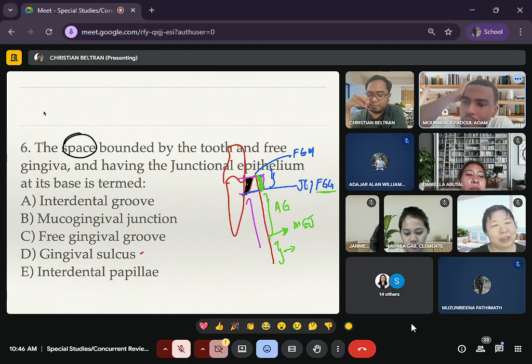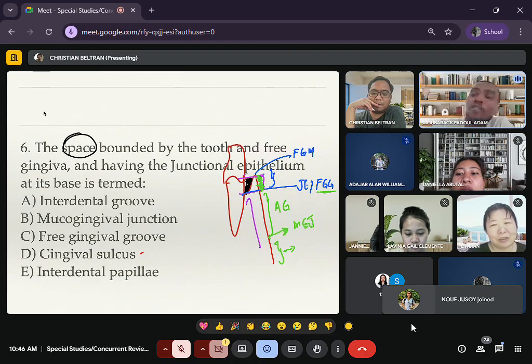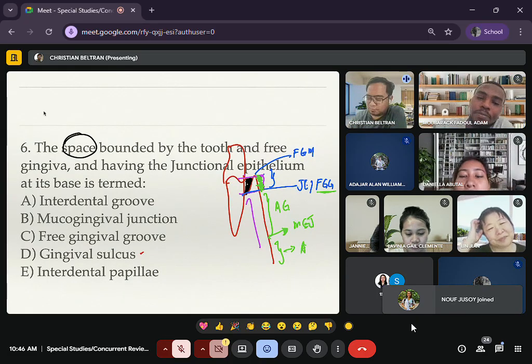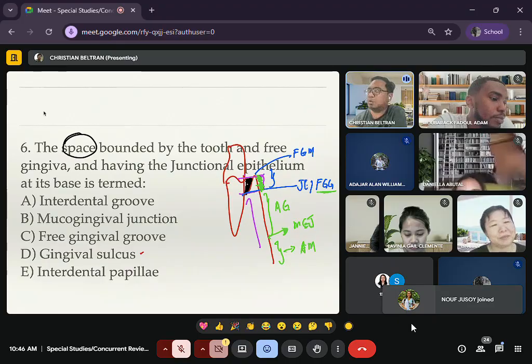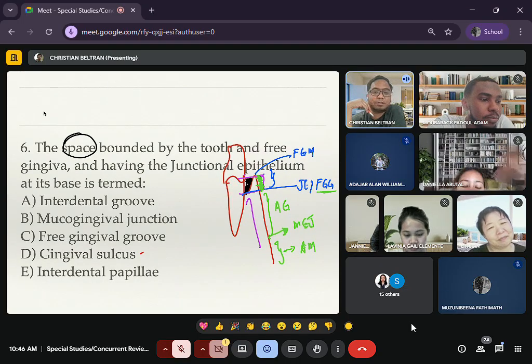After your mucogingival junction, you now have your alveolar mucosa. No, it's not attached mucosa, it's alveolar mucosa. That's why when you perform an apically repositioned flap, you need to extend your incision up to the alveolar mucosa, so that you'll be able to move the gingiva freely.